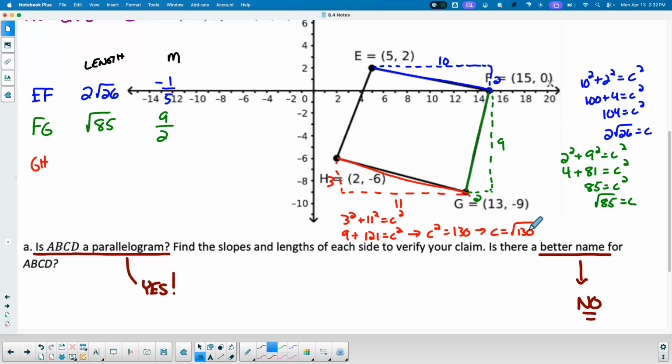You get the square root of 130, and down 3, a slope of negative 3/11.